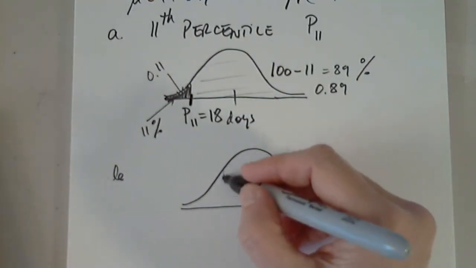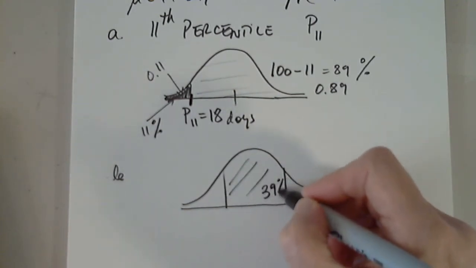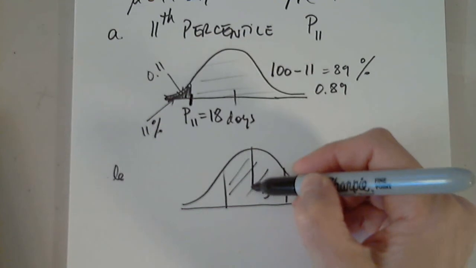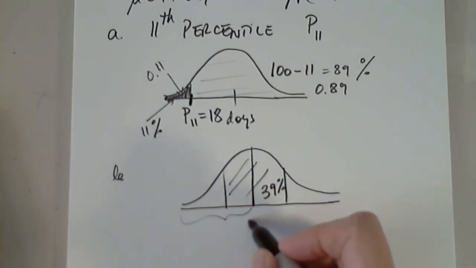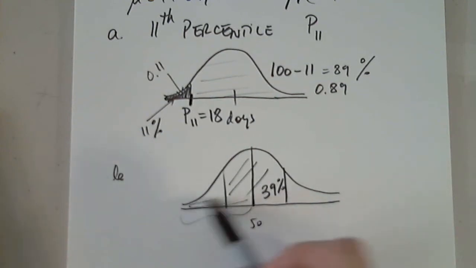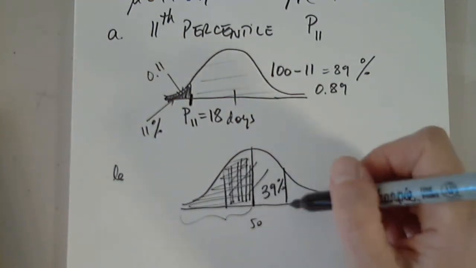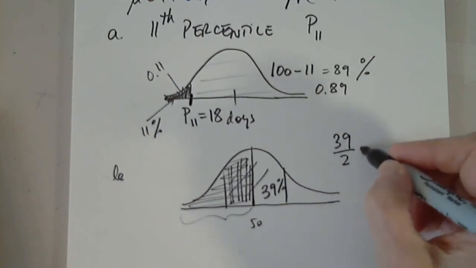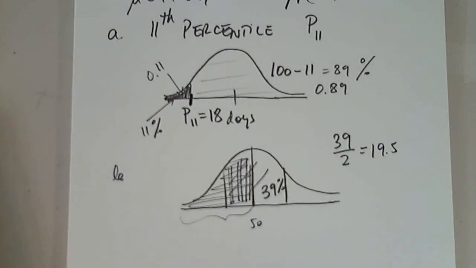Okay, so if this is 39%, right in the middle, we have the 50%, right? So this is 50%, and this must be half of 39%. So 39 divided by 2 is 19.5.